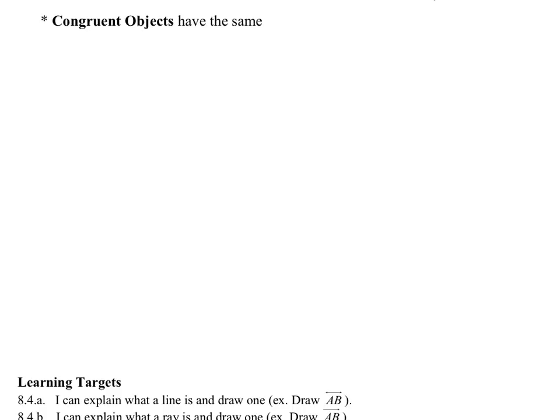So I'm going to say have the same size and shape. But by that, basically, we mean equal angles. I probably should say congruent. I'll change it to congruent. But the angles have to be the same, equal, congruent. And the sides are also going to be congruent.